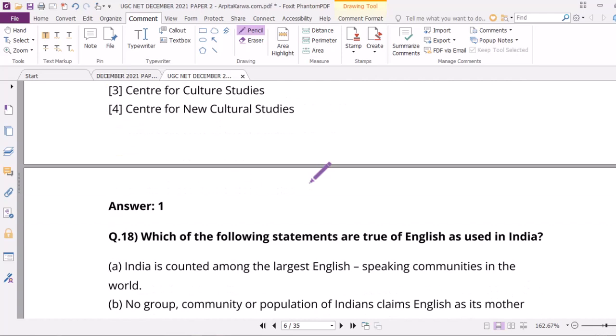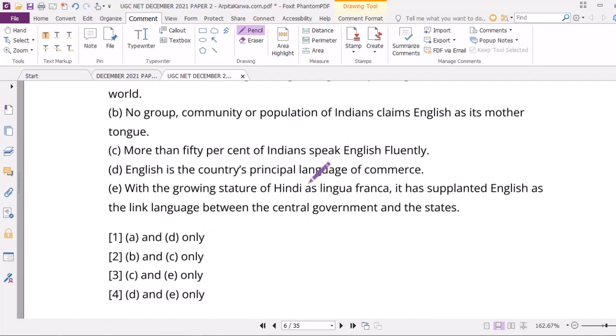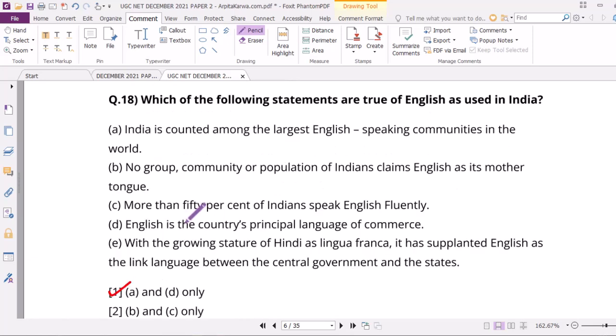Next, which of the following statements are true of English as used in India? These are the options. So the answer here is A, that is 1, which is A and B. That is, India is counted among the largest English-speaking communities in the world, and English is the country's principal language of commerce.